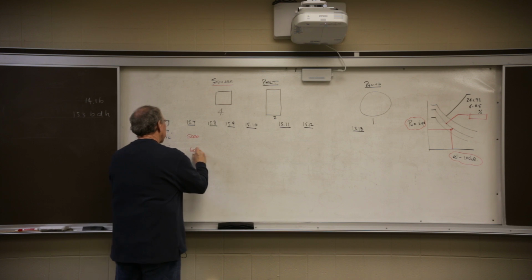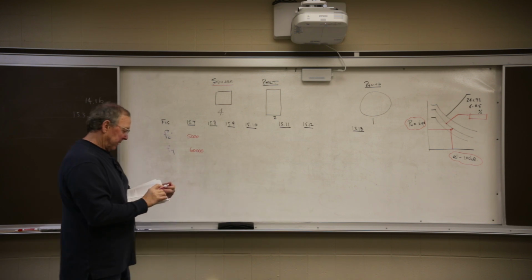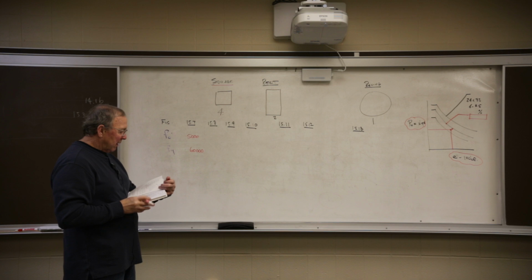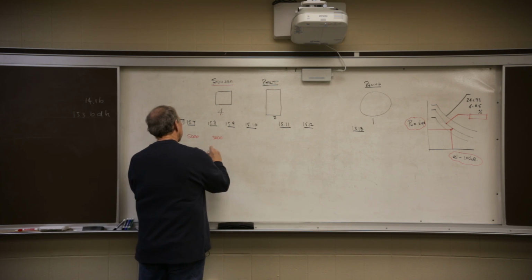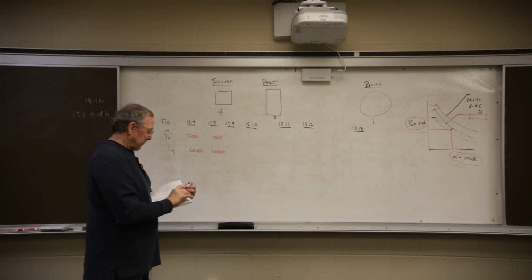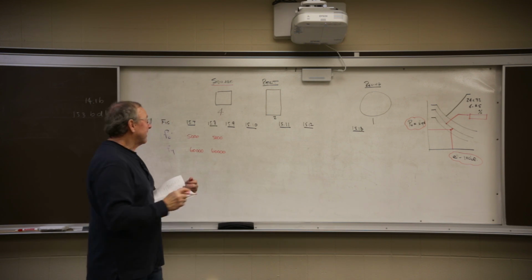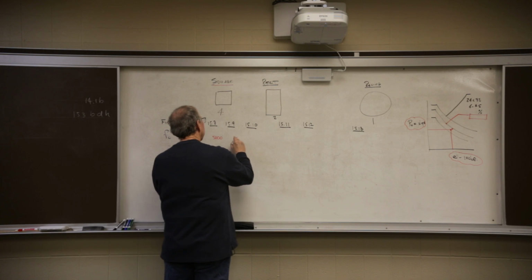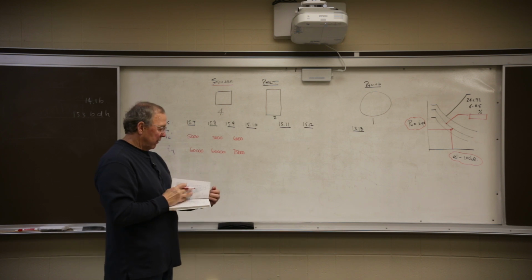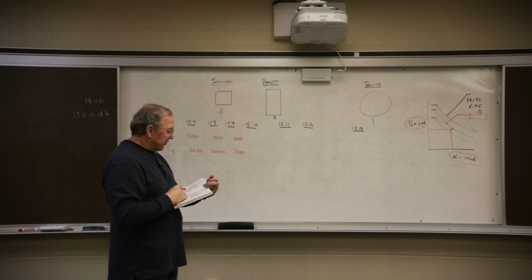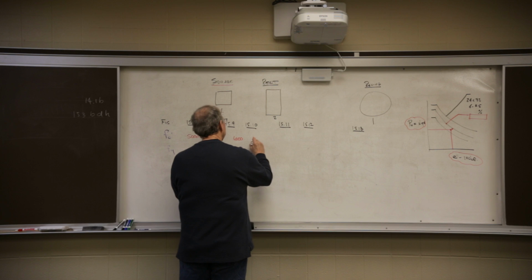I'm going to do what they did. Go to the next one, 5,000 and 60,000. Go to the next one, 6,000 and 75,000. And I'll go to the last square one, which is 6,000 and 75,000.